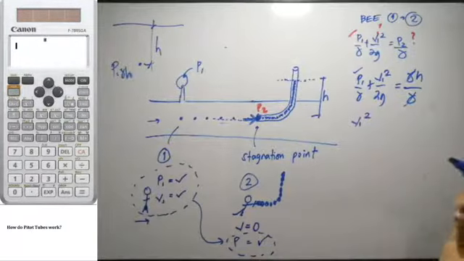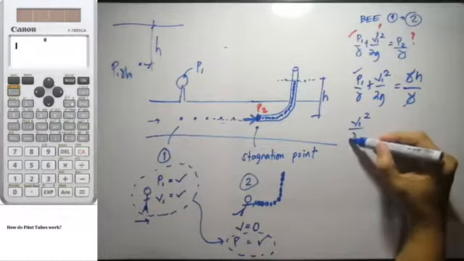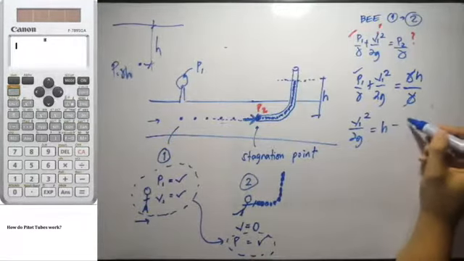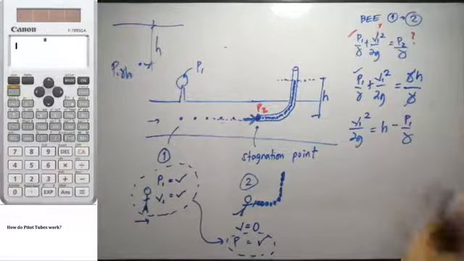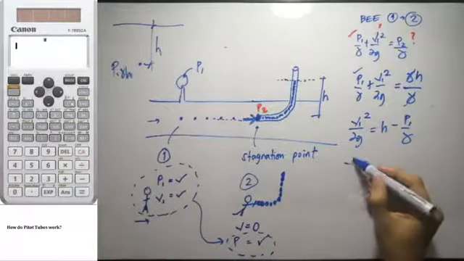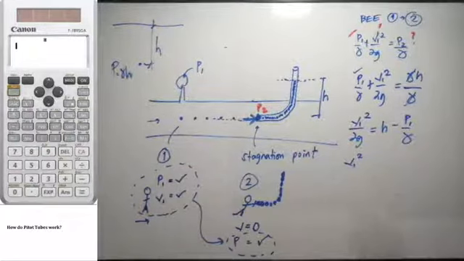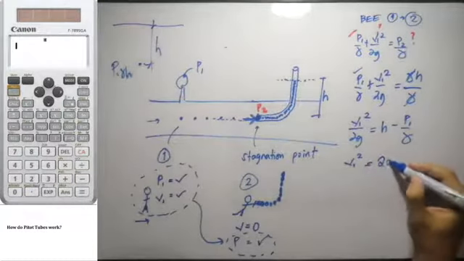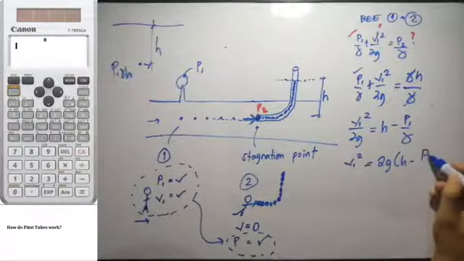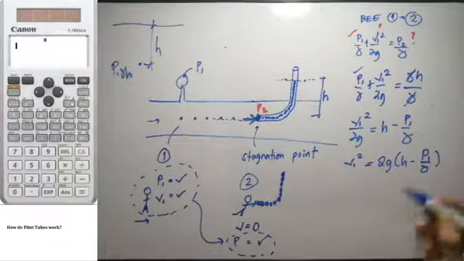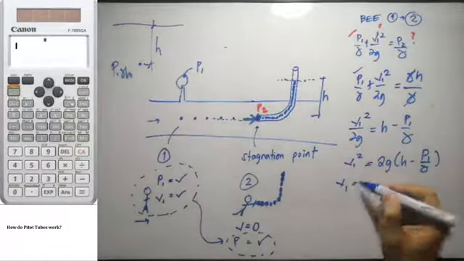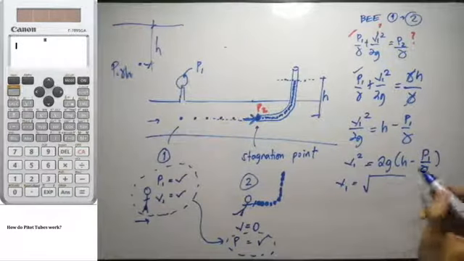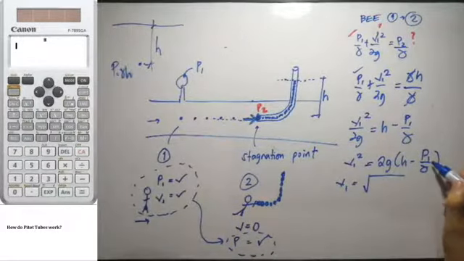V1 squared over 2G equals H minus P sub 1 over gamma. Okay, so V sub 1 squared equals 2G times H minus P sub 1 over gamma. Tama ba? So, V sub 1 equals square root of 2G times H minus P sub 1 over gamma.